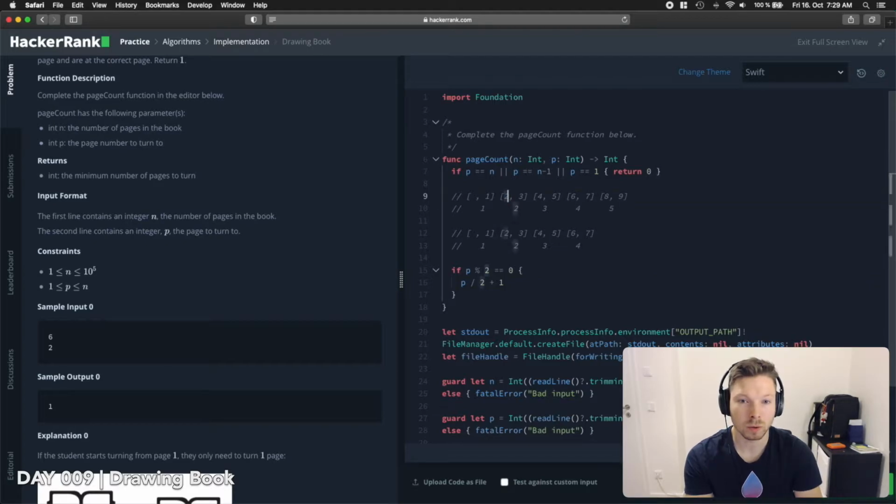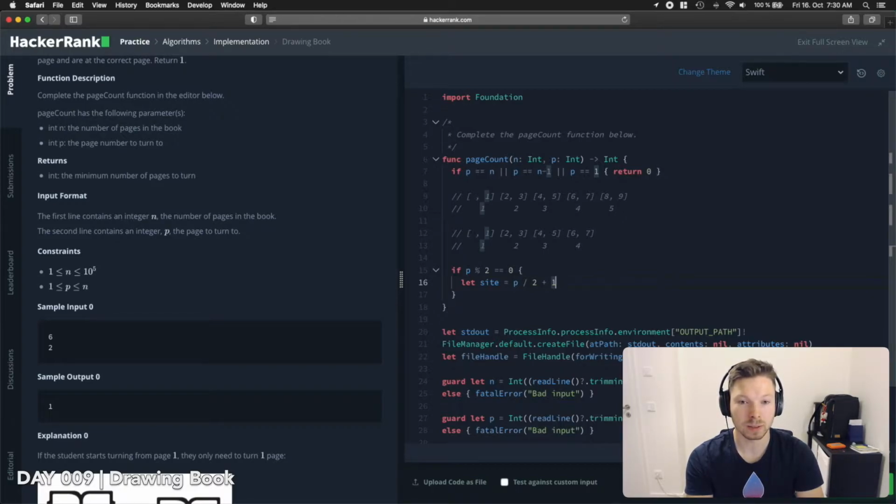So 2 divided by 2 is 1, plus 1 is the page. 4 divided by 2 is 2, plus 1 is the page. 6 divided by 2 is 3, plus 1 is the page. Okay, so that's the page. P means 4 or 5, right? And then we have basically the side. I don't know how to call it. It's not a single page, it's like 2 pages.